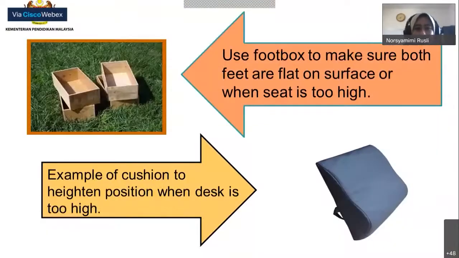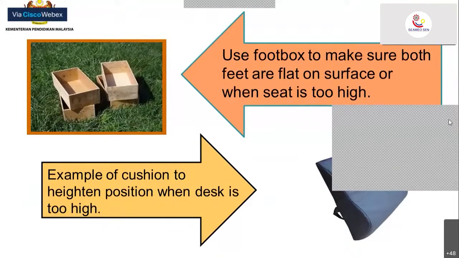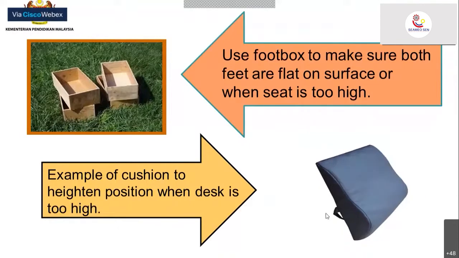Or you can use any box that is suitable for the child to make sure that the feet are flat on the surface. Okay, so this is another example of cushion, to heighten the position when desk is too high.